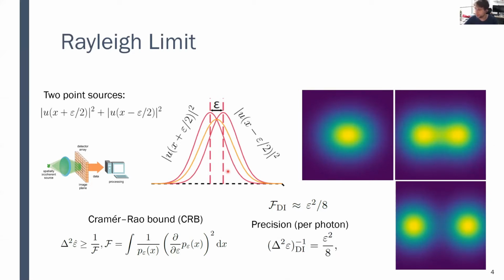So as it turns out, we can use the Fisher information theory and then use the Cramér-Rao lower bound to estimate the precision per photon. And it turns out that it falls very rapidly for small epsilons, and in particular in this convention here, it will look like epsilon squared over 8. So what's really important is the epsilon squared.